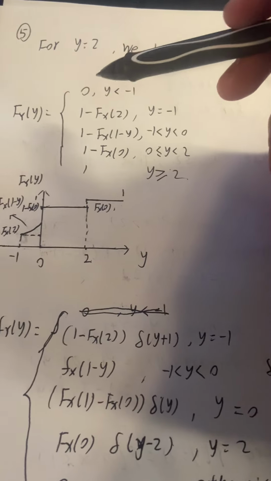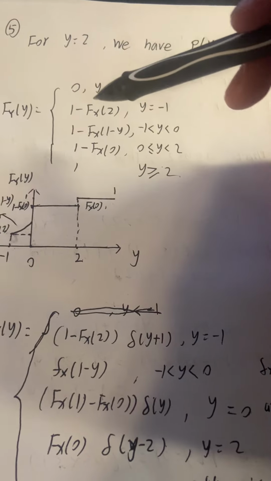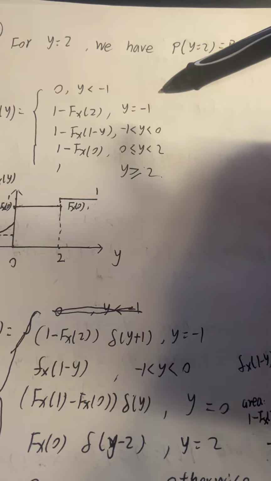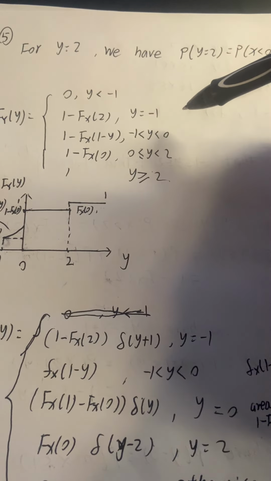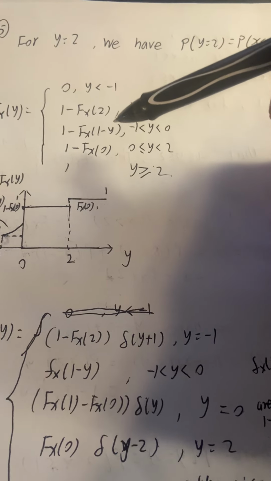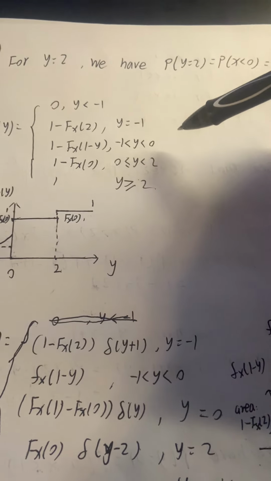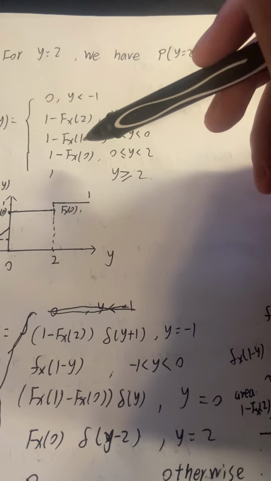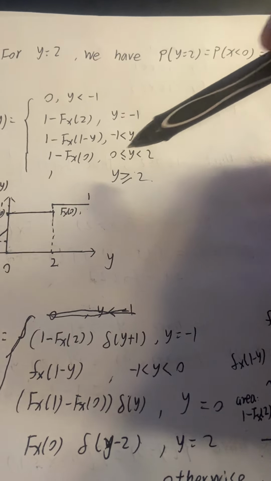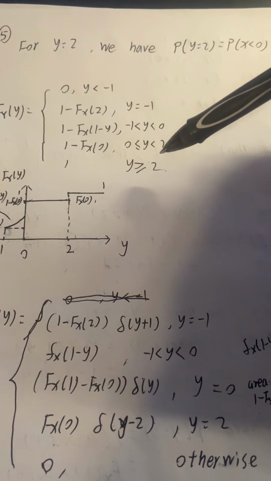It will be 0 when y is less than -1, and it will be 1 minus F_X of 2 when y is equal to -1, and it will be 1 minus F_X of 1 minus y when y is between -1 and 0, and it will be 1 minus F_X of 0 when y is between 0 and 2, and it will be 1 when y is larger than or equal to 2.